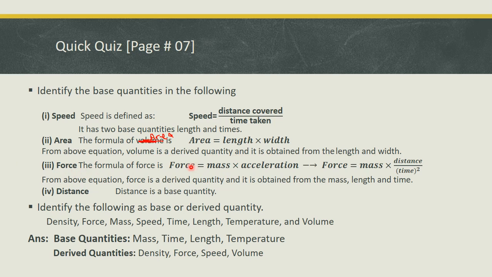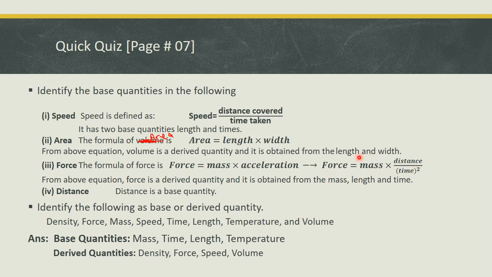Now force. The formula for force is mass times acceleration, and acceleration is defined as distance divided by time squared. Don't worry how; when you study chapters 3 and 4, you will come to know how these formulas are derived. Right now just remember that acceleration is distance divided by time squared. Mass is already a base quantity, but acceleration is not, so when acceleration is converted into base quantities, it will be distance divided by time squared.